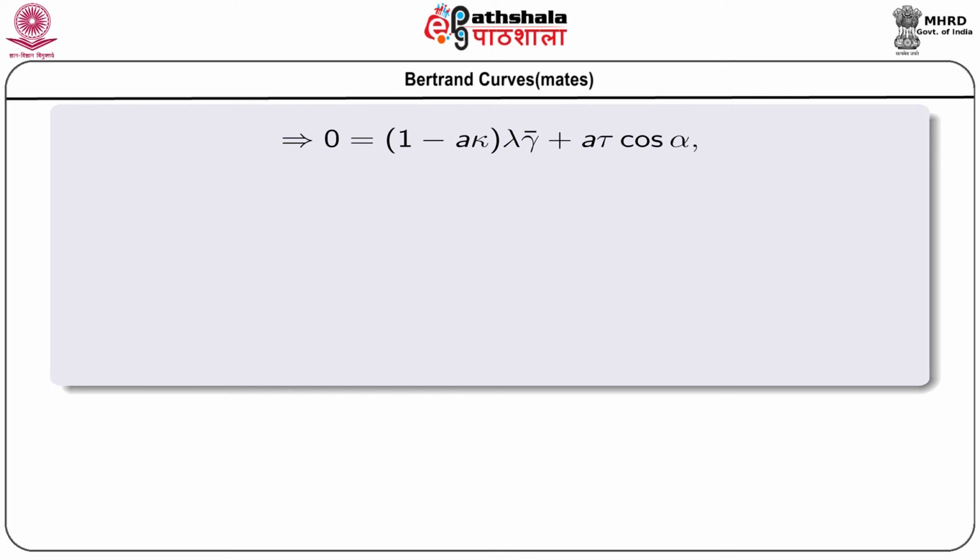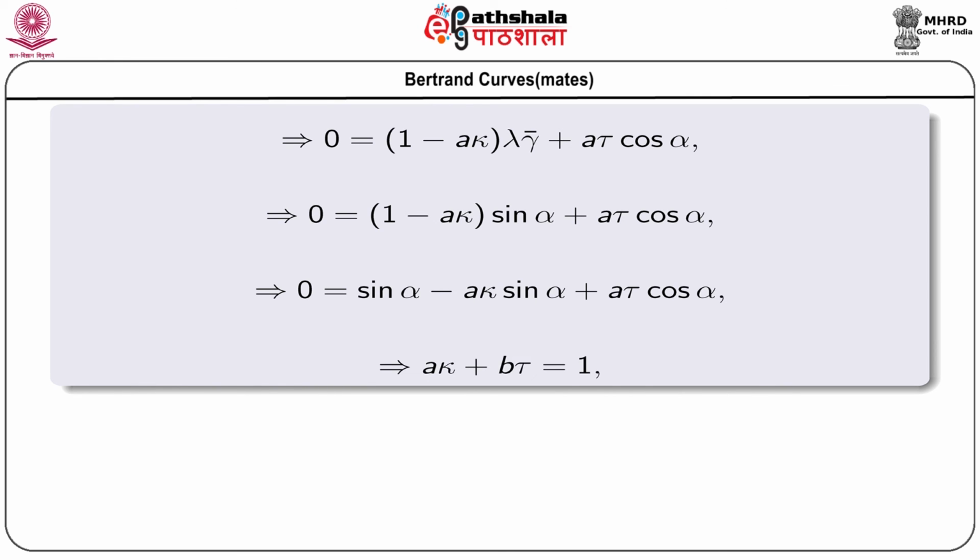And from the previous expression, we get 1 minus a kappa lambda dot gamma bar plus a tau cos alpha. Now, the angle between lambda and gamma bar is sin alpha. So, if we put in the value of sin alpha here, after simplification we get a kappa plus b tau equals 1, where the value of b is minus a cot alpha.